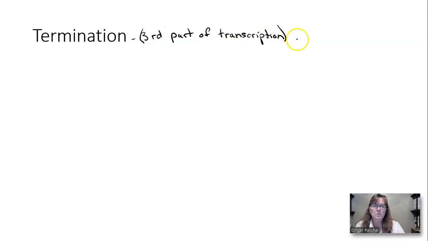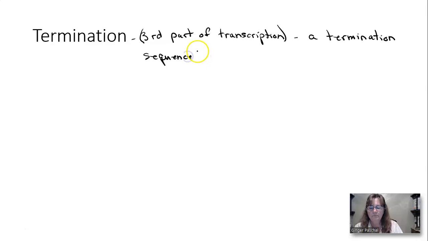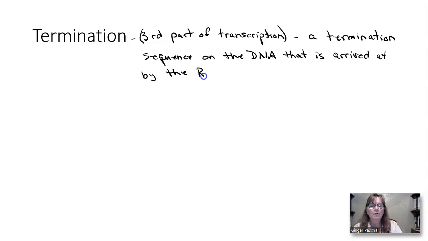And termination is simply a termination sequence on the DNA that is arrived at by the RNA polymerase.